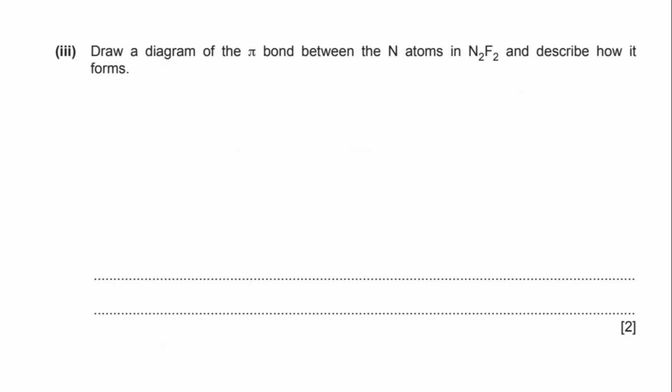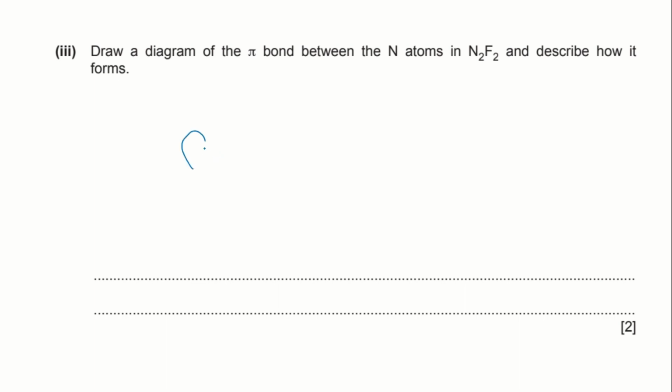So the hybridization is sp2. Now, part 3, we have to draw a diagram of the pi bond between the nitrogen atoms. In the previous part, we have learned that nitrogen has a double bond between the two nitrogen atoms. So now we are supposed to draw this pi bond and then describe how it is formed. So pi bond will be the sideways overlapping of two p orbitals.